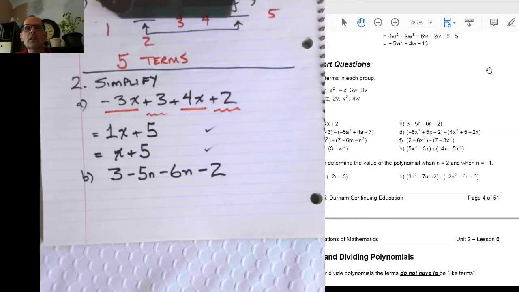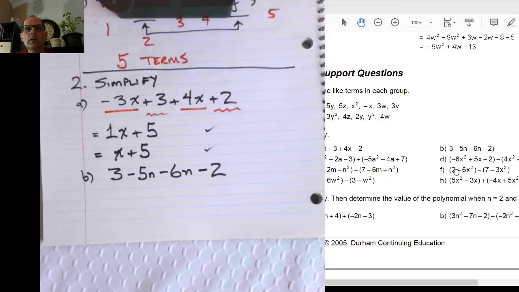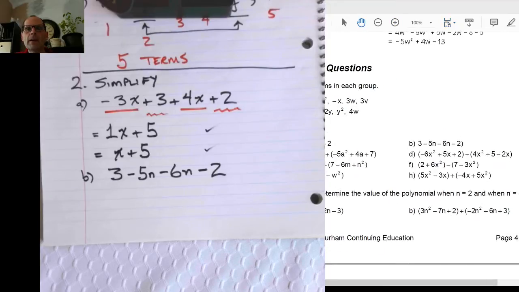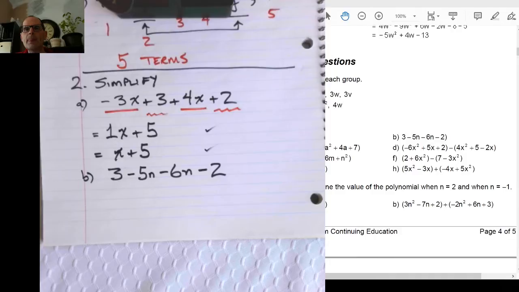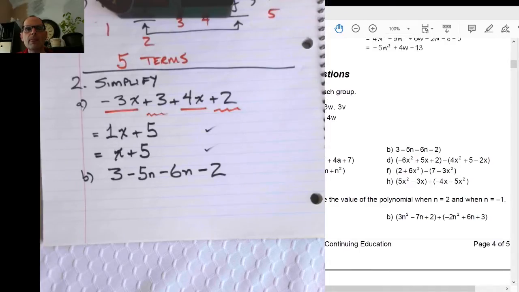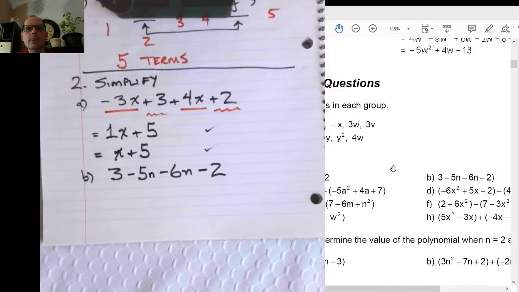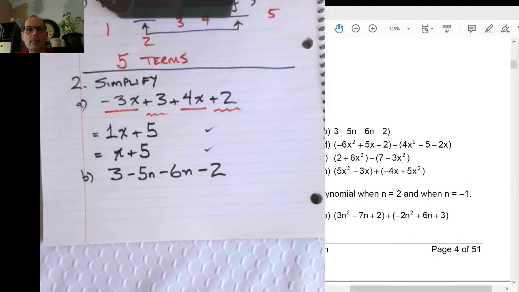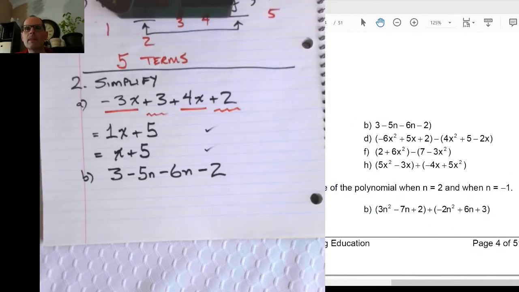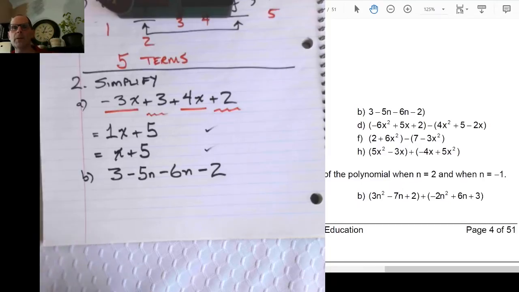Let me see if I can maybe zoom in on that. That might help a bit. And there we go. That's a little bit better.